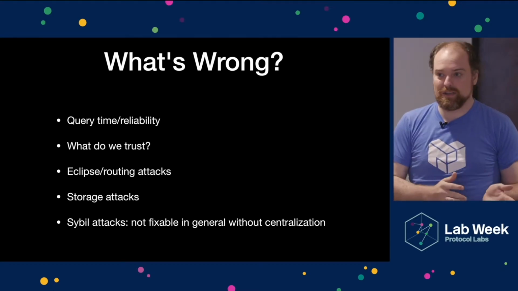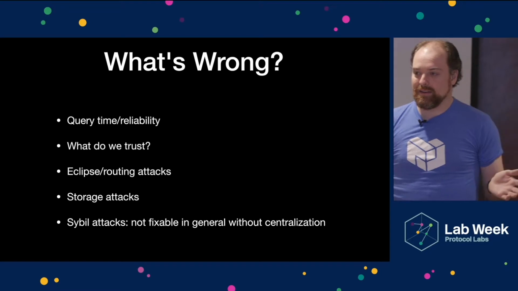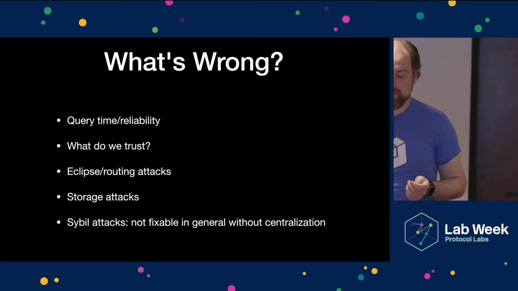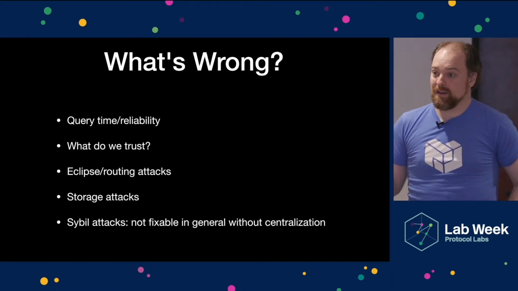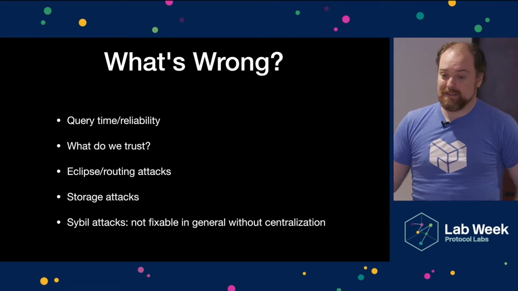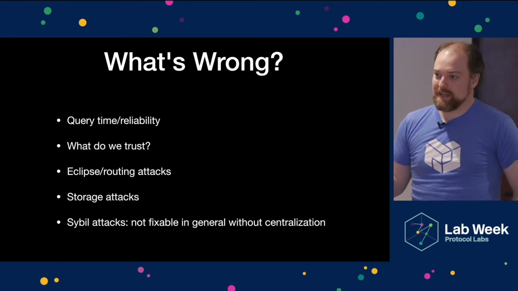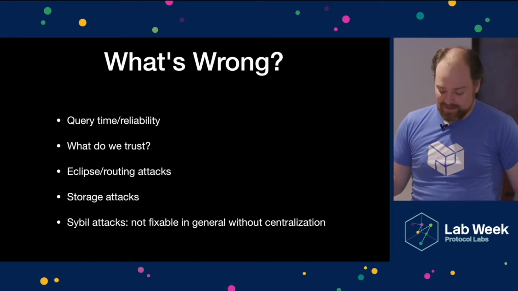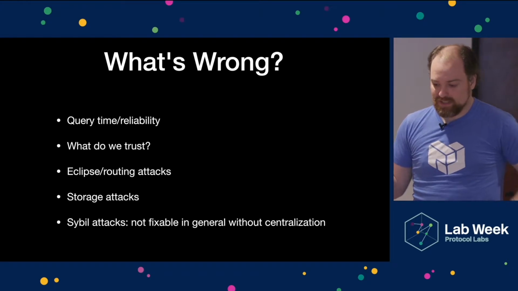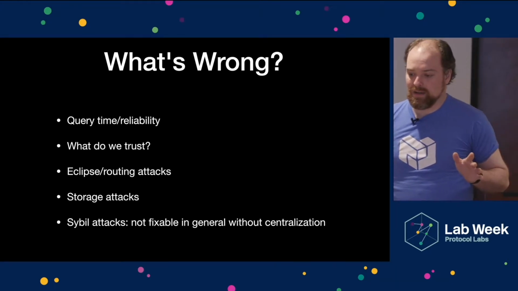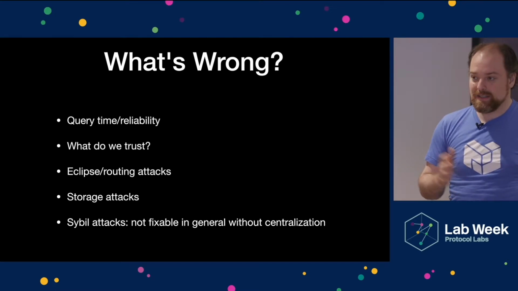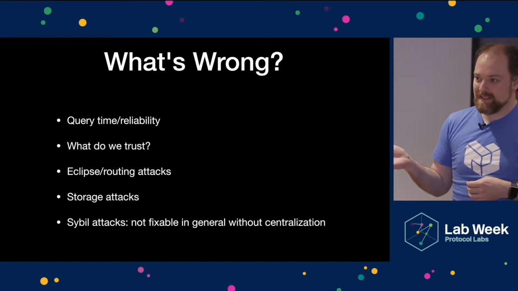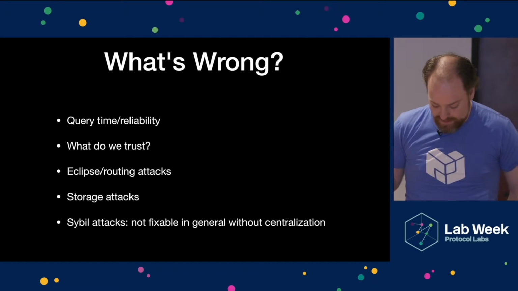Essentially, if you allow anyone to join the network and you don't have any central authority who decides you're allowed in, then there's no way to really know if two identities belong to the same attacker or not. So in some ways, it's more a question of what is worth trying to protect against, what is not worth trying to protect against, and what does that really look like?